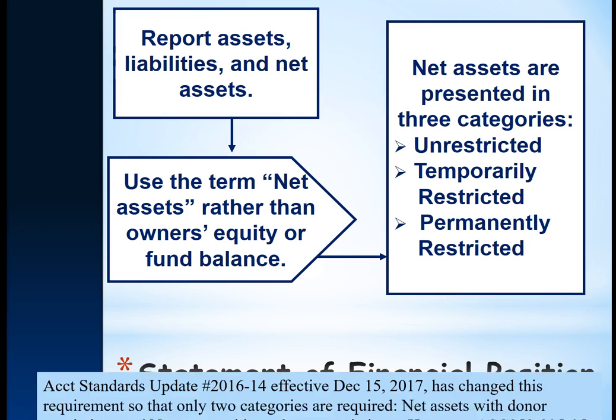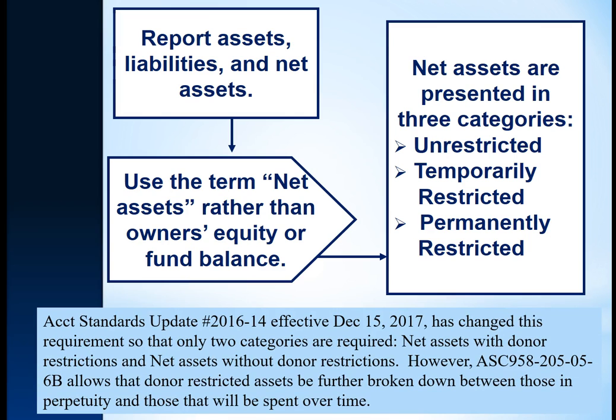Now, this has changed, and the change will become effective December 15th, 2017. And instead of the three categories, they now have said we only need two categories, which are net assets with donor restrictions and net assets without donor restrictions. However, ASC 958 allows that the donor restricted assets be further broken down between those in perpetuity and those that will be spent over time, which means we're back to the original three categories.